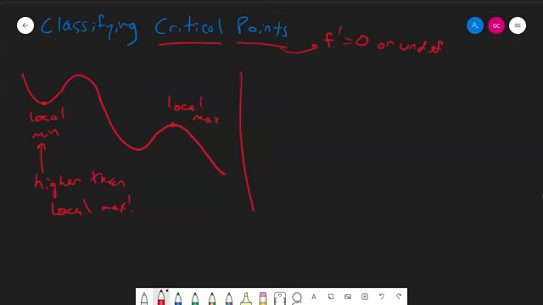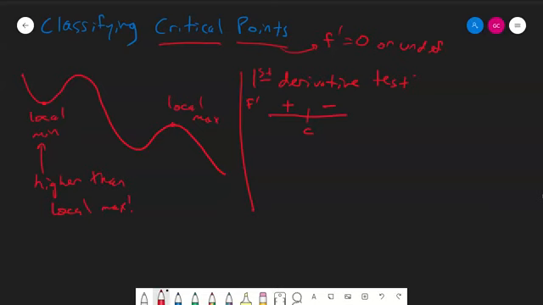So what can you do? Well, we're going to learn two different kinds of tests. The first one, appropriately enough, is called the first derivative test. Basically, it amounts to this. Say you have your critical point x equals c, and you determine that f prime is positive to the left of c and negative to the right of c.